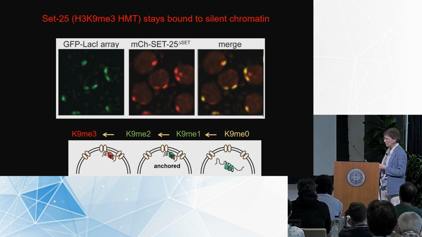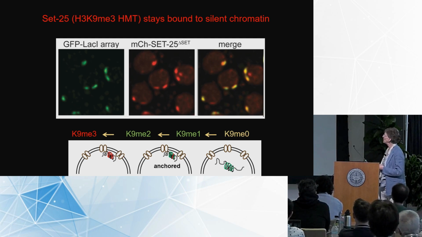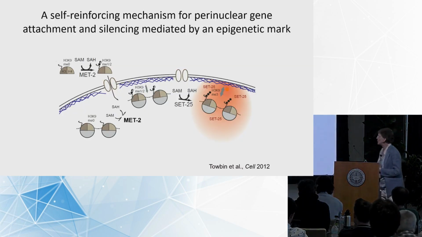Now, interestingly, the methyltransferases stay bound to the repressed array. So that was also a nice, you don't see the other genomic loci, but there are genomic loci, but this is such a sink for this methyltransferase that it stays there. So this was the summary, and it is important to know because this is the pathway to proving that there's a function for epigenetic marks in nuclear organization.